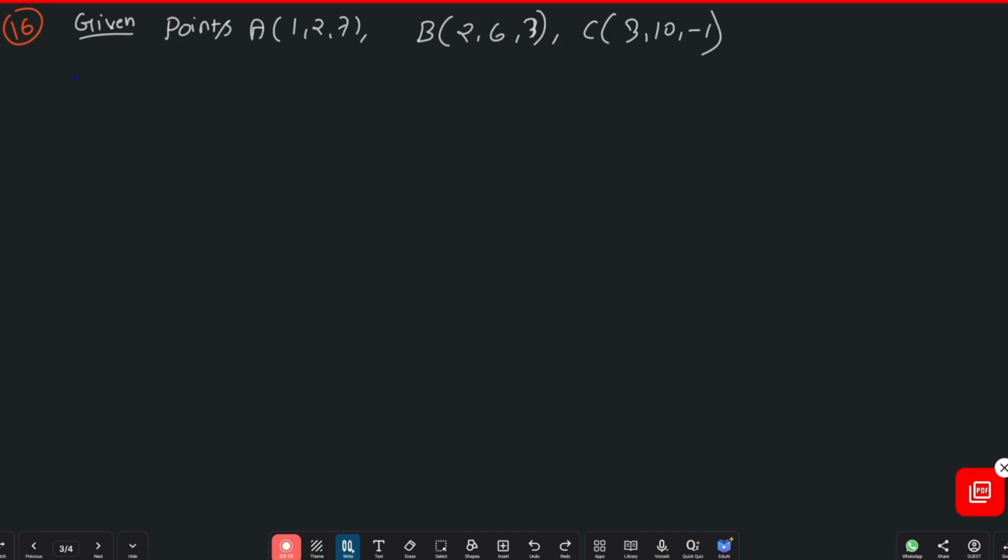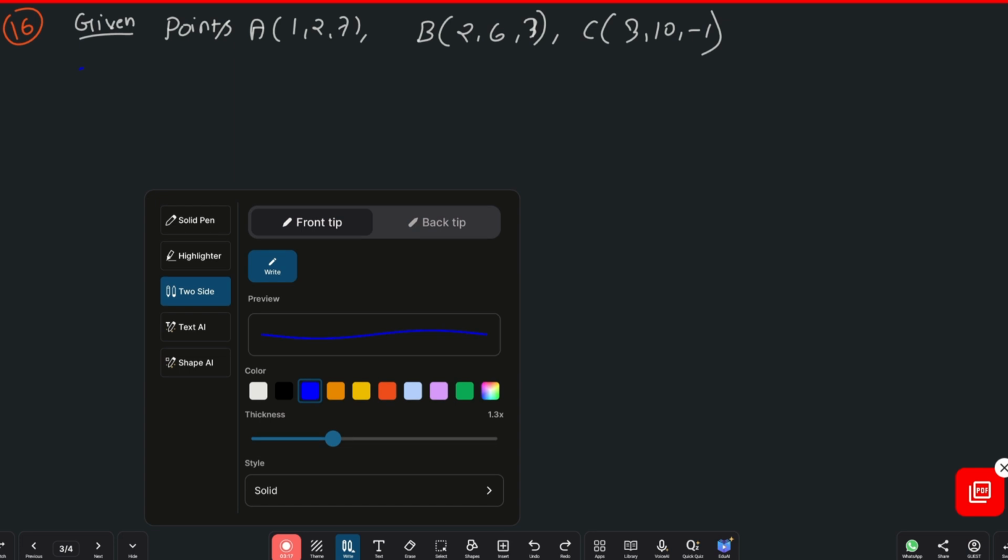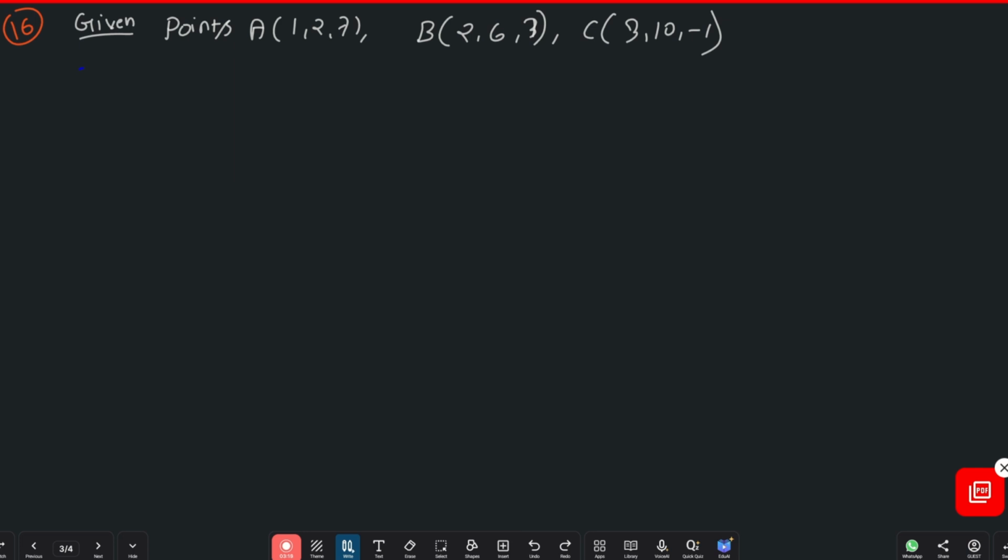So firstly, write AB vector. AB vector is OB minus OA, OB vector minus OA vector.